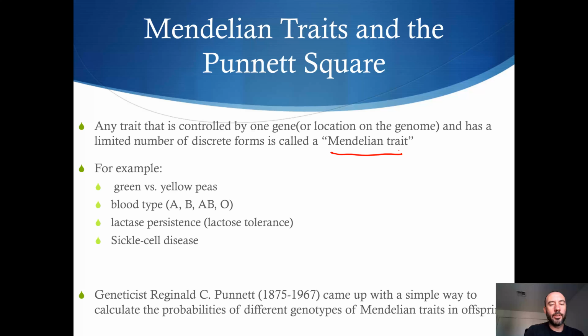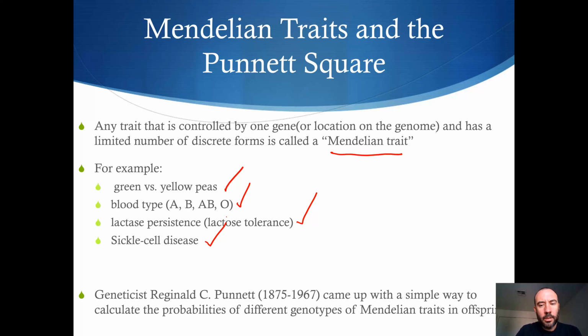All right, so green versus yellow peas. Blood type is actually a Mendelian trait. Whether or not you can drink milk as an adult without consequence, so lactase persistence or lactose tolerance, that's a Mendelian trait. Sickle cell disease is caused by a Mendelian trait. The vast majority of human traits are not Mendelian, but I'll get to that.